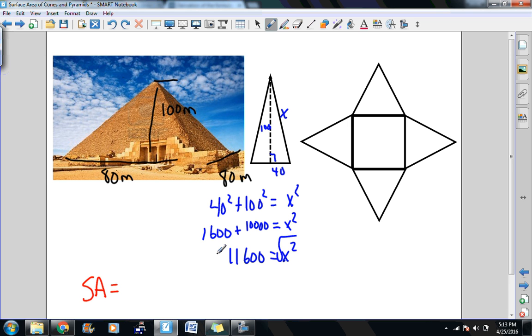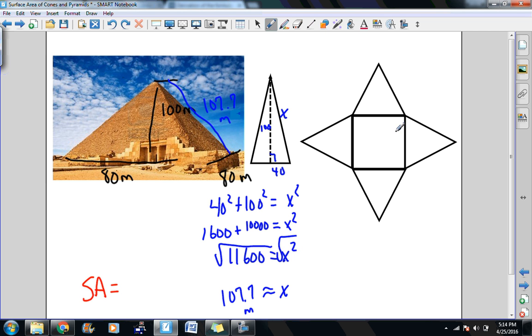And then I'm going to square root both sides. And I get x is about 107 7/10 meters. Okay, so what that means is that this figure from here to here is about 107 7/10 meters. Therefore, now I can simply do what I did in the last problem.